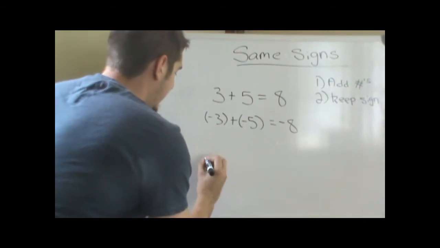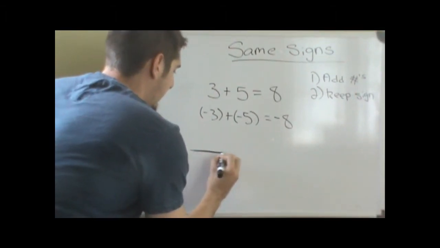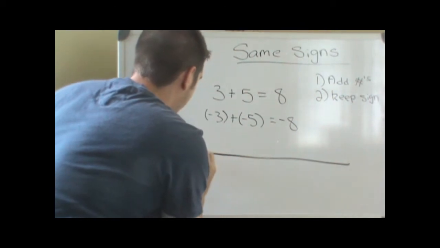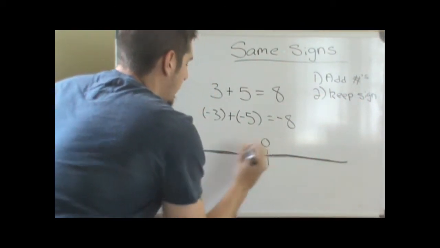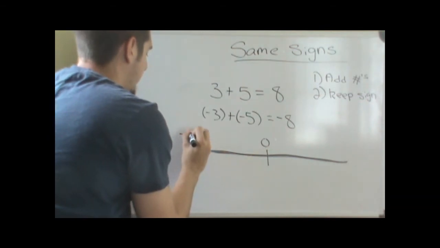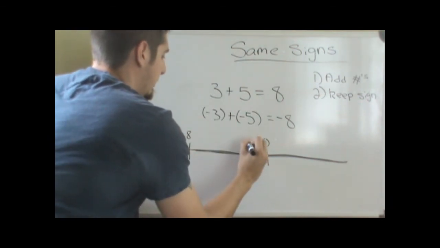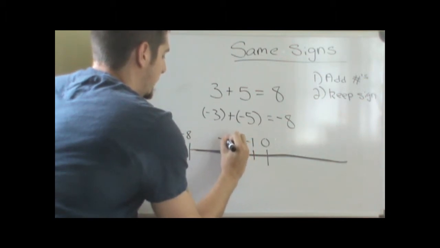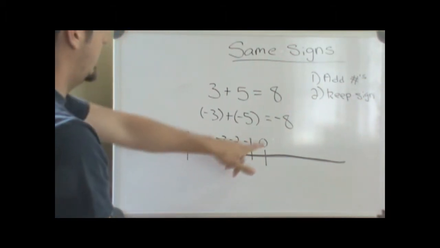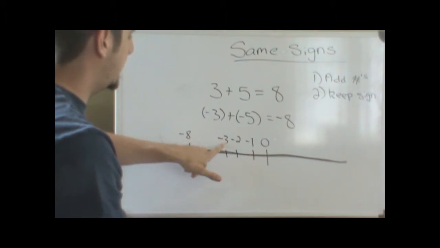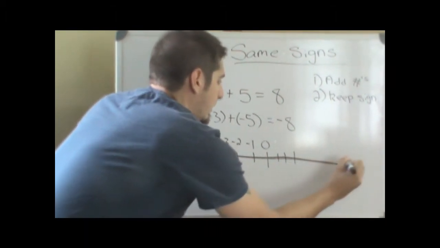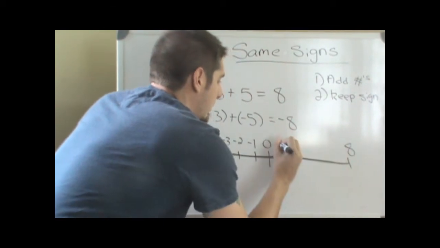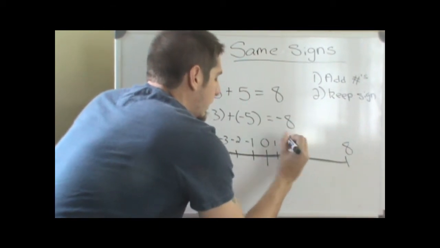So if we take a look down here for a moment, I'm going to draw a quick number line to show you how these two problems work. Okay, so we have 0 here, we have negative 1, negative 2, negative 3. I'm not going to continue on because we're going to start at negative 3, we're going to add negative 5 to it, and we're going to do the same thing over here. Here's a 1, a 2, and a 3.